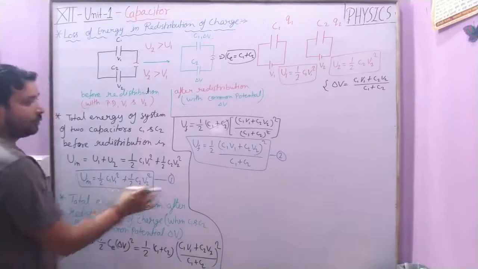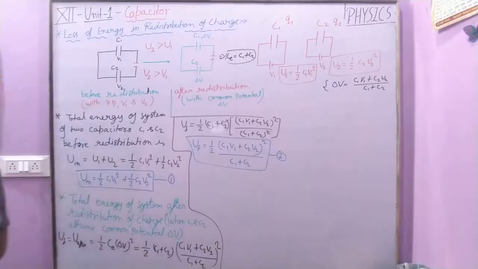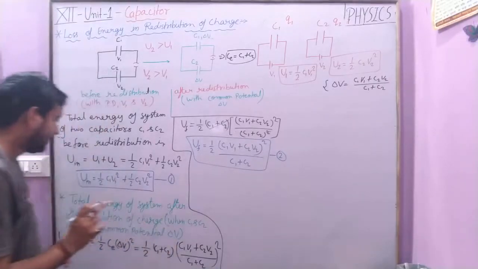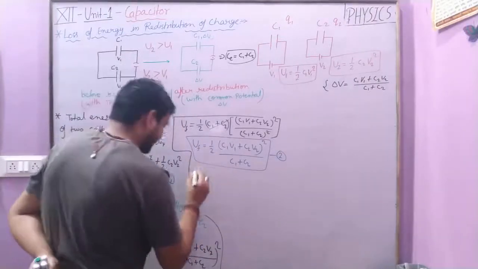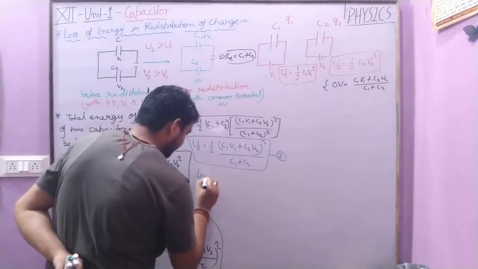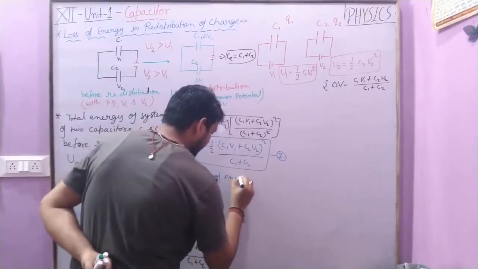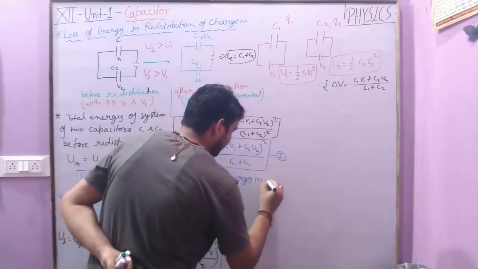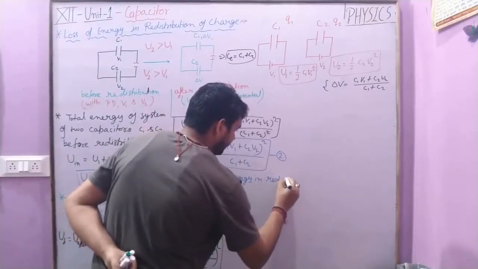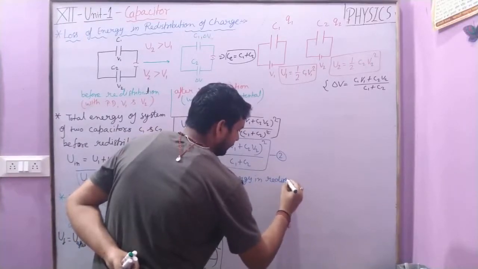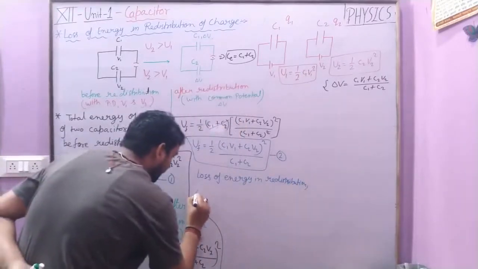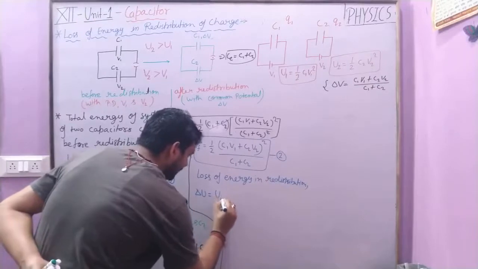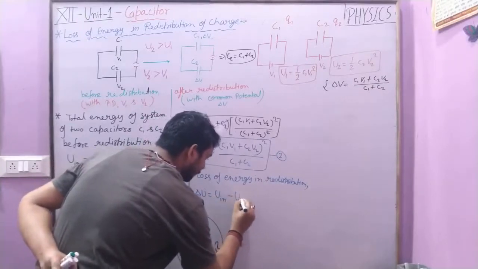Okay, now we assume that the two energies are different. Therefore the loss of energy in redistribution is given by del U is equal to U initial minus U final.